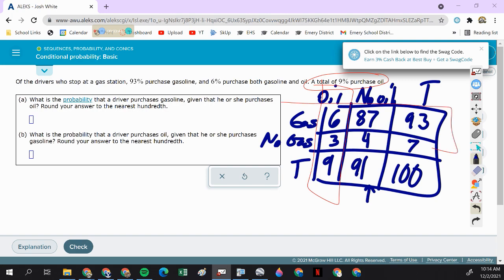So we're looking here. That would be 6 out of 93. So of all the people who bought gas, only 6 of them bought oil. 6 out of 93. Okay, that's it. Get to work.